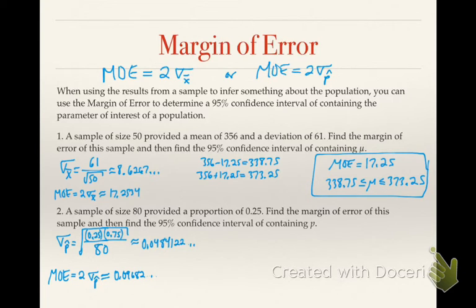So I want to know 95% confidence that contains the population proportion, P in this case. So I'm going to take that sample proportion, 0.25, subtract off 0.10, to the nearest hundredth as well, and add 0.10, which gives me 0.15 and 0.35.